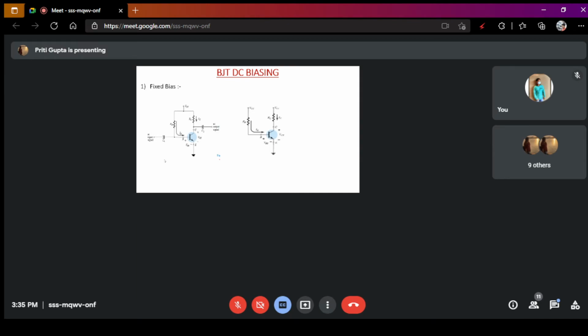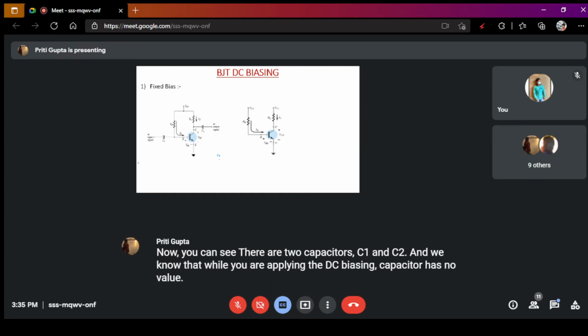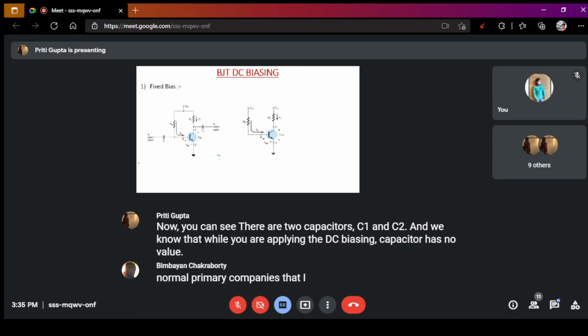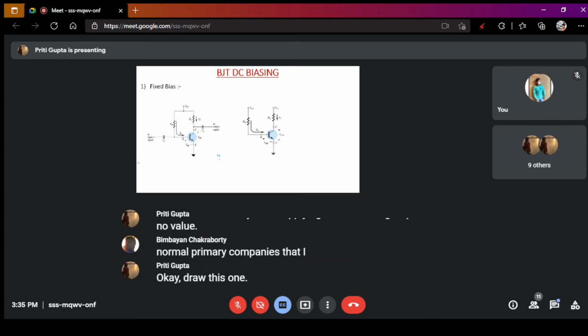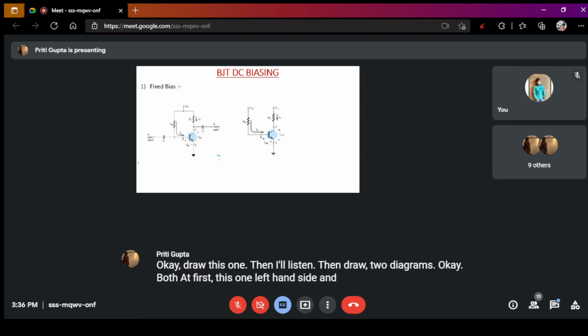Now you can see there are two capacitors C1 and C2, and we know that while you are applying the DC biasing, capacitor has no value. One minute, let me just draw the diagram. Draw this one, then I'll discuss. Then draw both diagrams, first the left hand side and then the right hand side one.